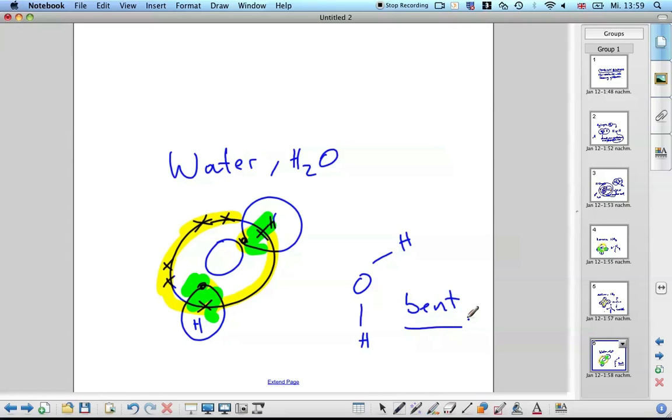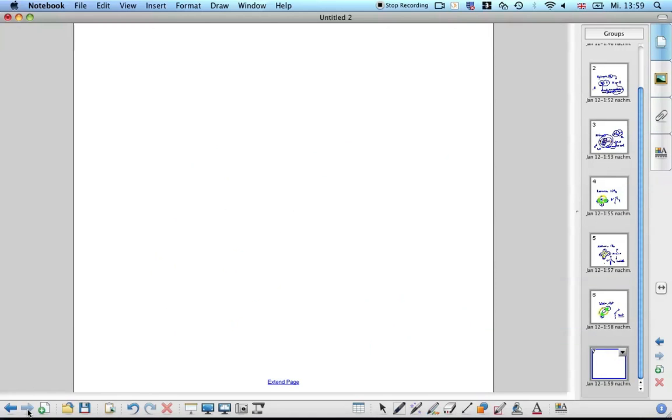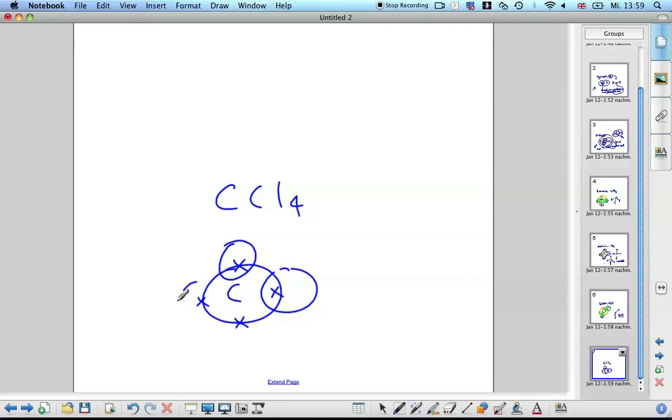So I think that's all for this little part. Oh, why don't we do one more? Yeah, why not? Okay, carbon tetrachloride, CCl4. 1, 2, 3, 4. Carbon is in group 4. Chlorine, 1, 2, 3, 4. Chlorine's in group 7.